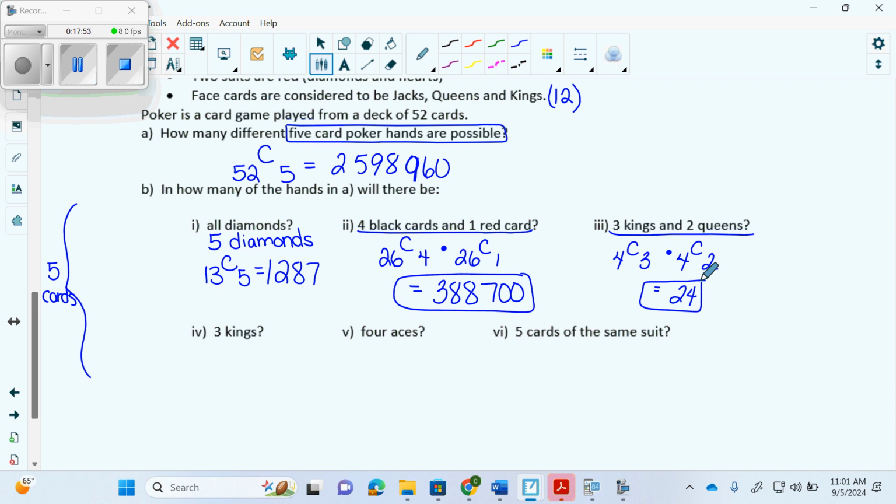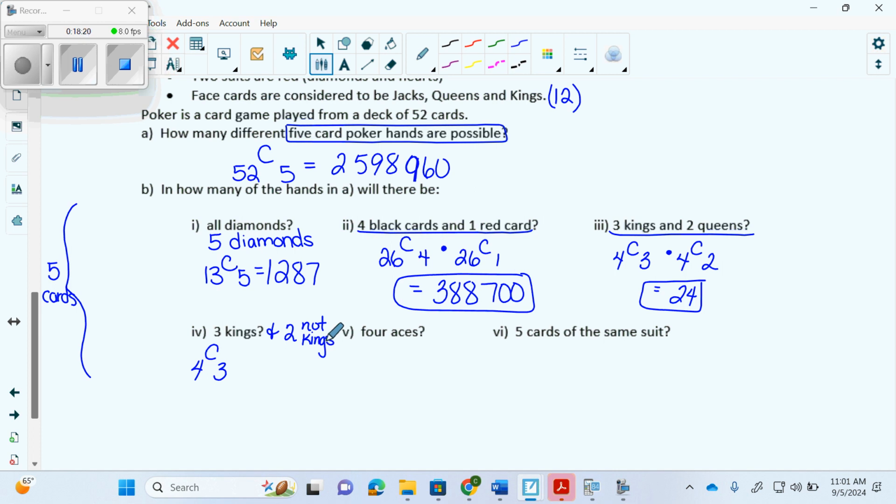Okay, this one, people will give me 4C3. Do you think the answer 4C3 will be on the test? It will, because people will forget to add the extra cards, right? 4C3, 3 kings, and I need 2 that are not kings. So can I include the 1 king I haven't used?